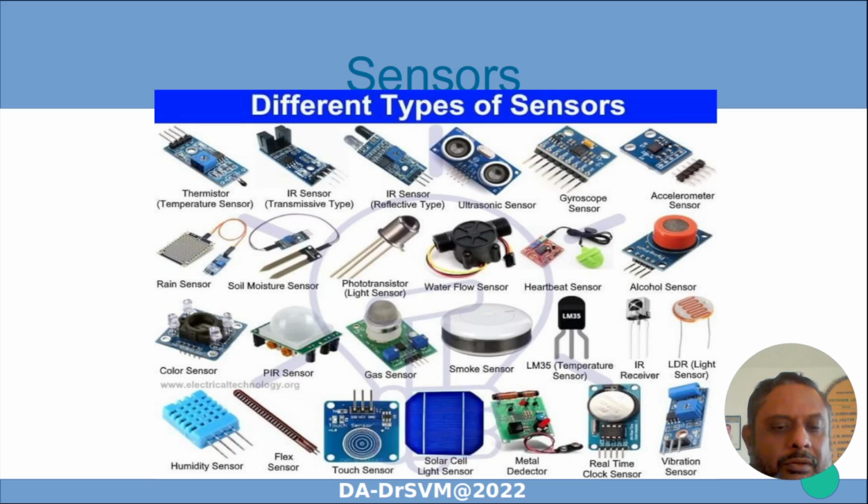Then we have humidity sensor, flexibility sensor, touch sensor. Yes, of course, touch sensor is most commonly used. So you just touch your mobile phone to switch it on. Yeah, touch sensors, solar light sensors, metal detectors, real-time clock sensors, vibration sensors, and many more.